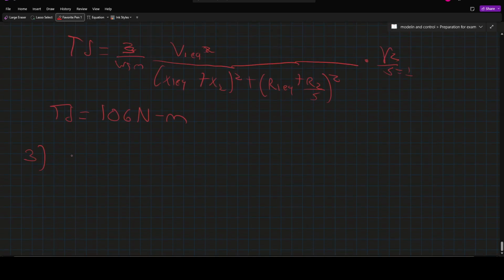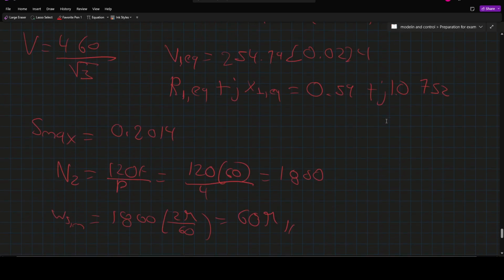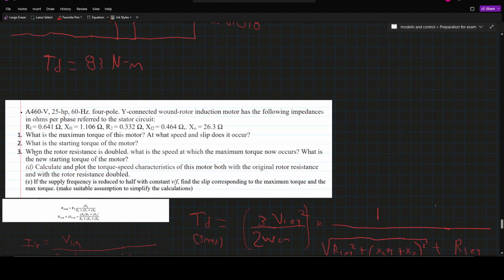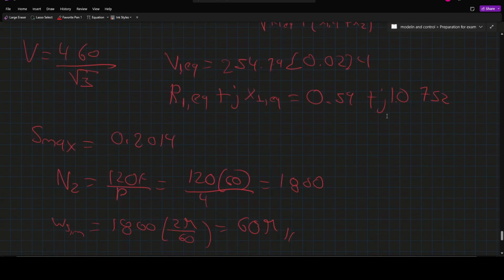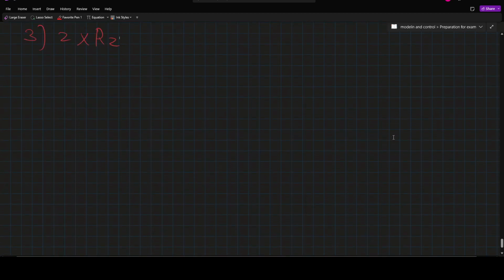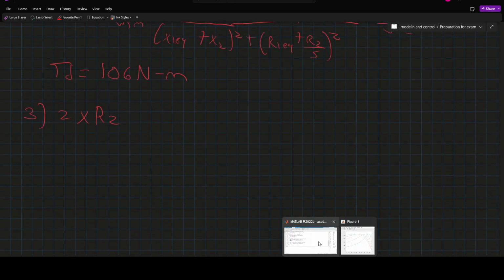For the third part, they are asking us to multiply R2 by 2. If we double the resistance, what is the new starting torque of the motor, and what is our rotor speed?